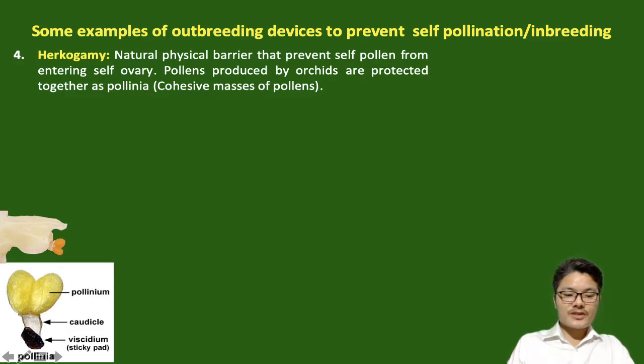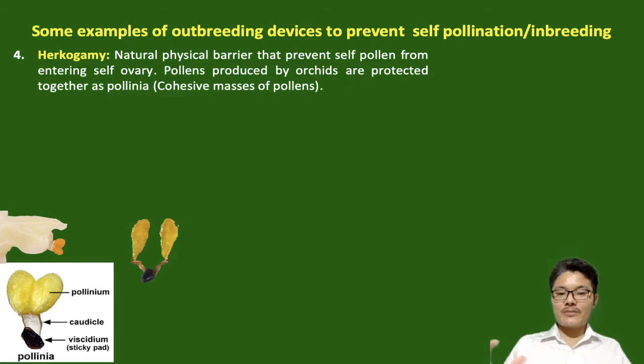So such a structure prevents self-pollination as the pollen grains stick together or are held together as pollinium or pollinia. So this is a physical barrier, a separation of pollen grains from entering into the ovary.